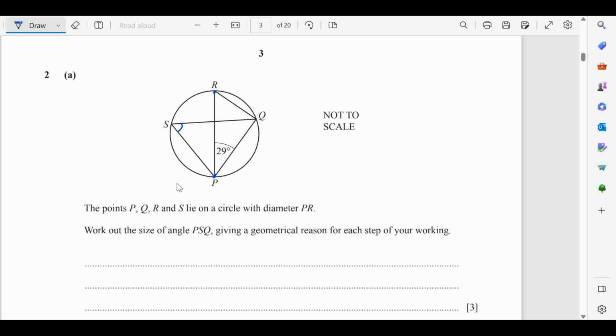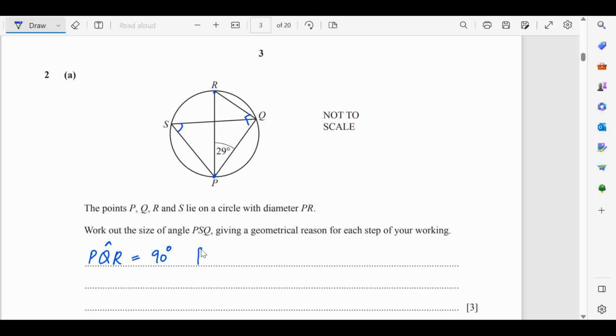Now, first of all, we can see that this is a diameter. So the angle subtended by a diameter will be equal to 90 degrees. So we can write that angle PQR will be equal to 90 degrees.